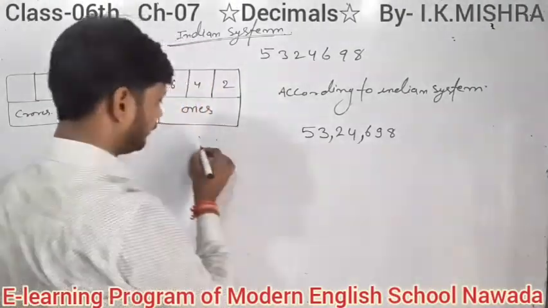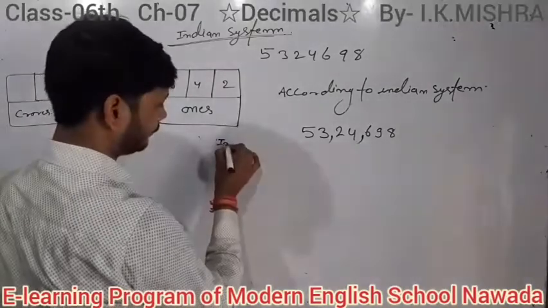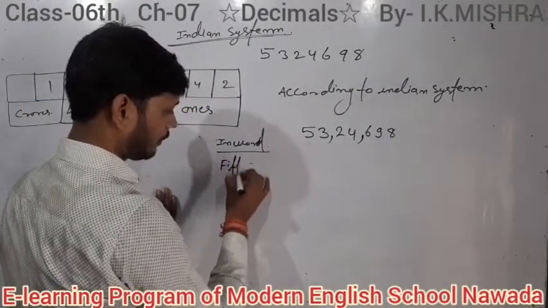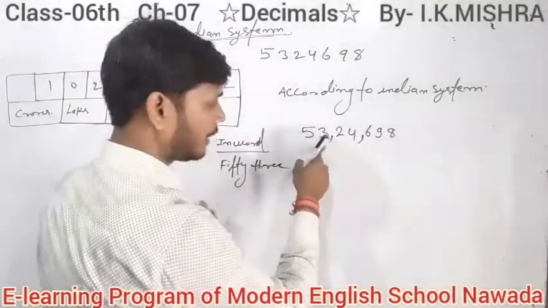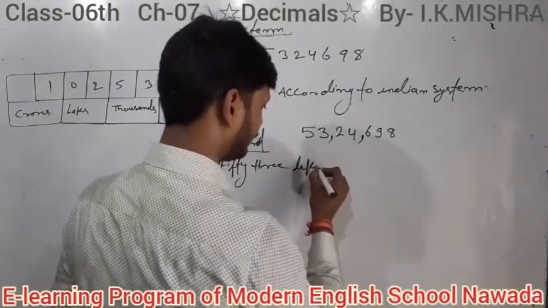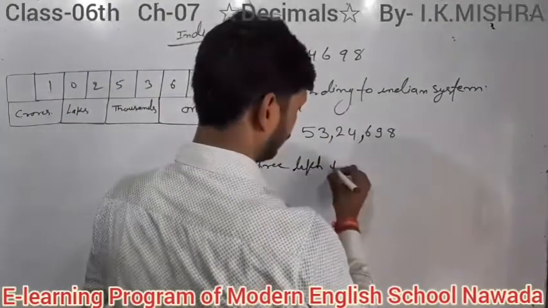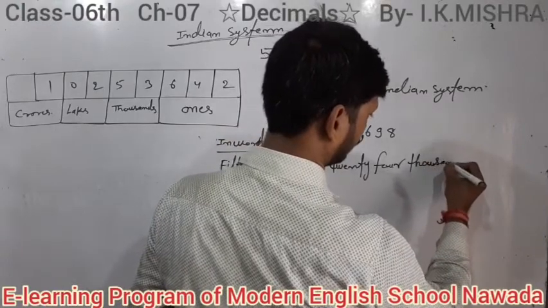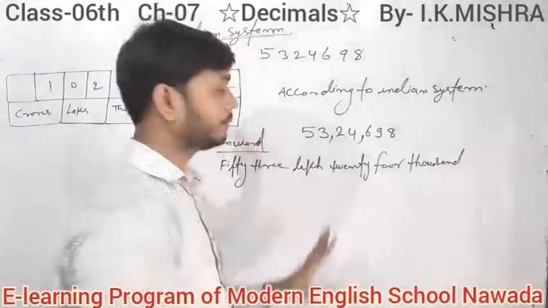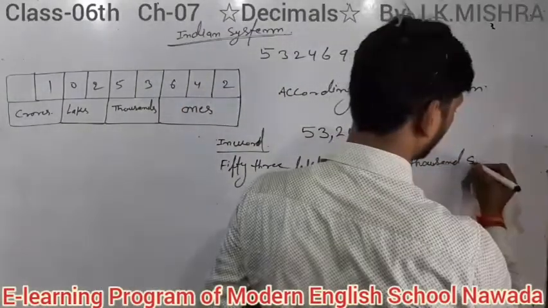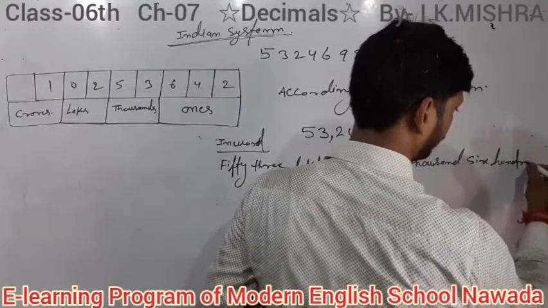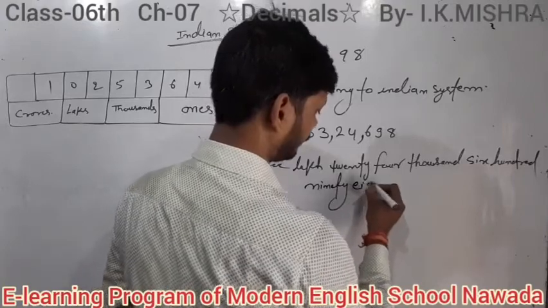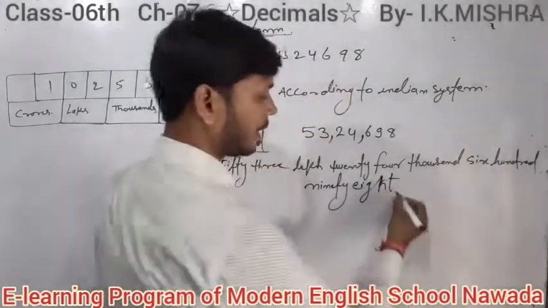So in words it will be written: 53 lakh 24 thousand 698.